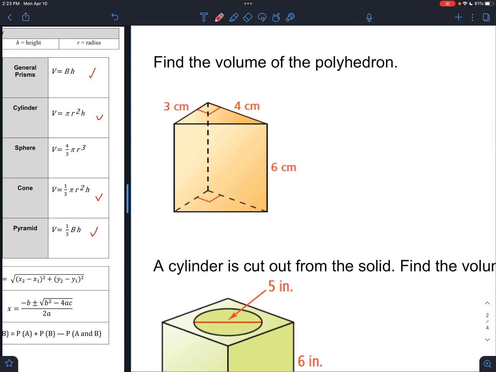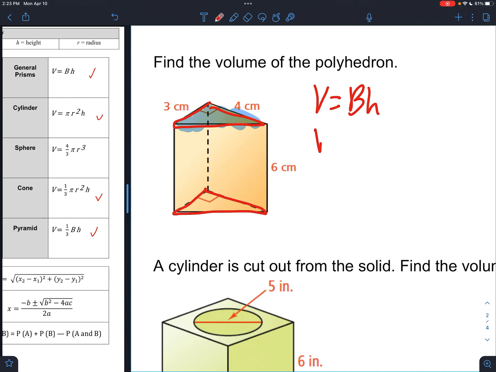So here we have a prism, because we have the two triangles that are consistent on the top and the bottom. So the volume is base times height, and the base is this, or also you could use that.